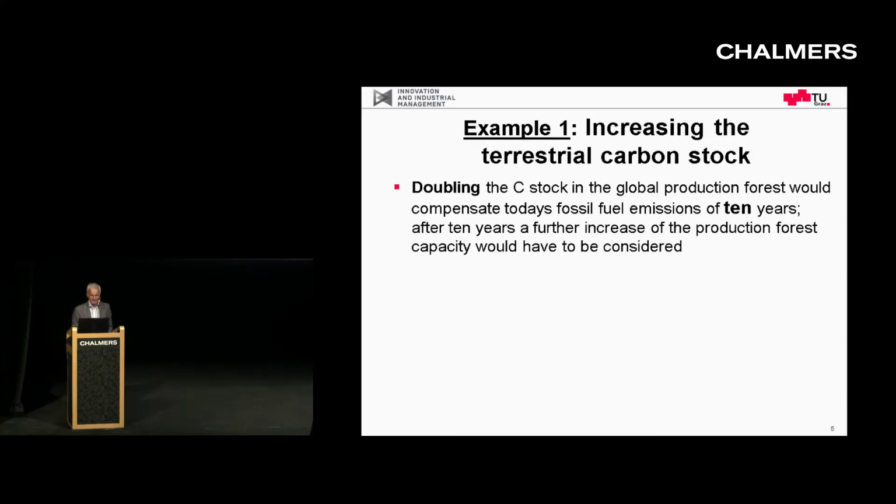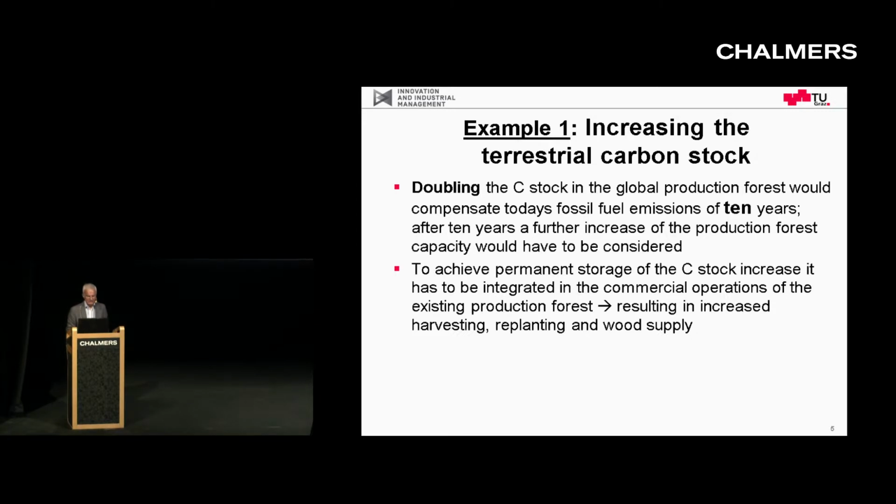Example 1, increasing the terrestrial carbon stock. We're talking about the production forest part. Now, if we assume doubling that stock, that would compensate for 10 years of fossil fuel emissions. After those 10 years, you would have to further increase this terrestrial carbon stock.